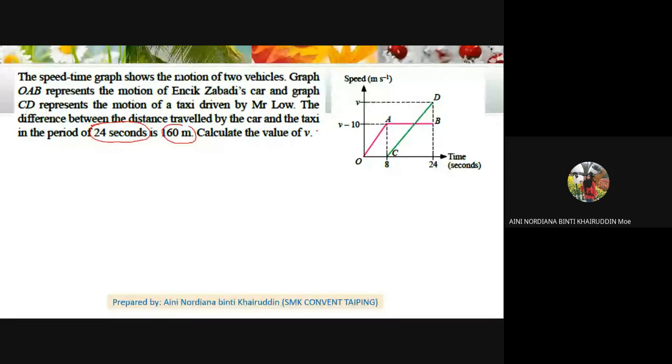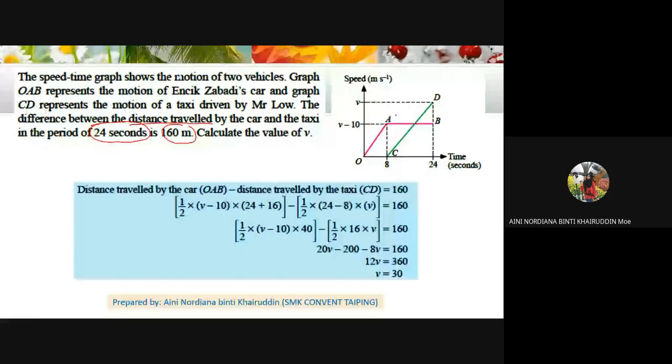Distance travel is area under the graph. So this difference between car for Encik Zabidi's and taxi Mr. Low equals to 160. So distance travel car minus taxi equals to 160. Next, calculate the area under the graph.